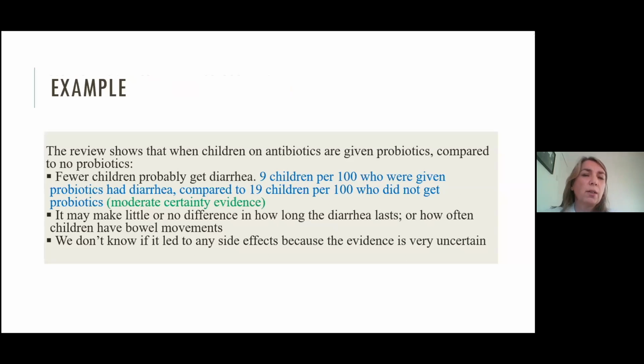If we incorporated the numbers into this first outcome, it would look something like this. Still relatively simple, but getting quite dense. Fewer children probably get diarrhea. 9 children per 100 who were given probiotics had diarrhea compared to 19 children per 100 who did not. Not so bad, but if you start filling that in for every outcome, you're getting quite dense.